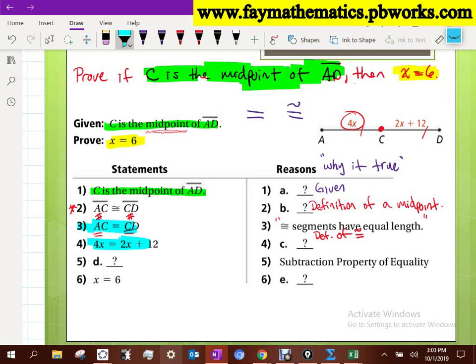Does that make sense? When I replace things like that with what they're equal to. You guys remember what property that is from yesterday? Substitution. Good. So we have the substitution property here. Just spell it right.